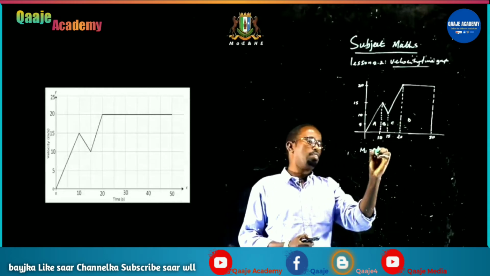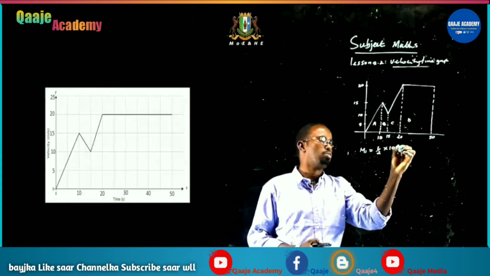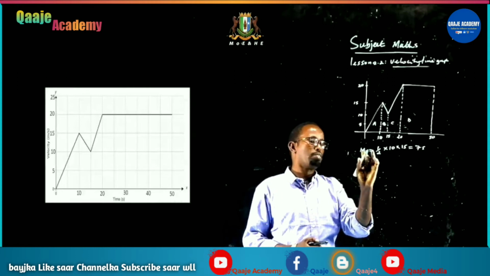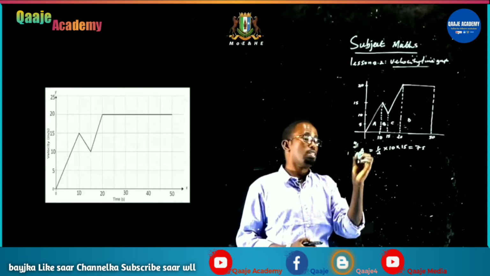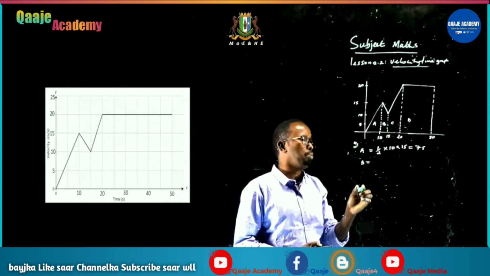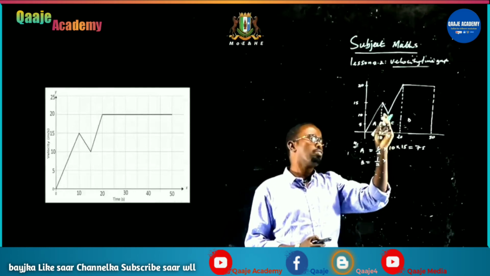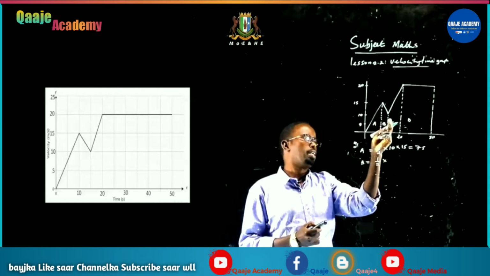A will be a half, that is area of a triangle, base multiplied by the height, which is 15. There you get 75. This is A. B, this is the shape of a trapezium. So this will be the height, and these will be the parallel sides.